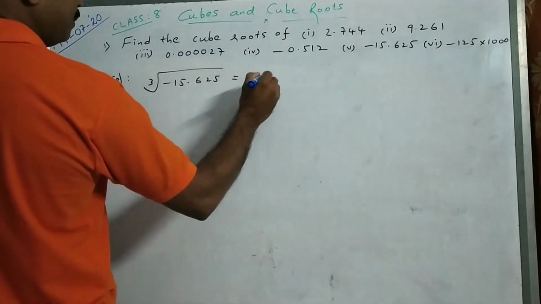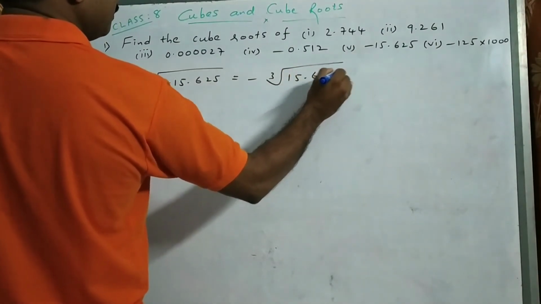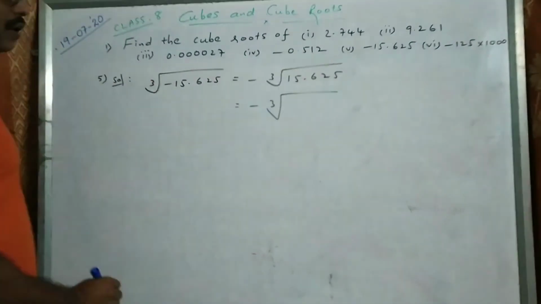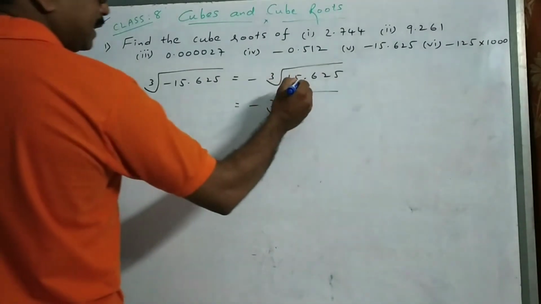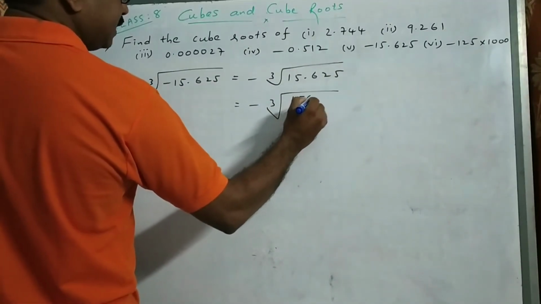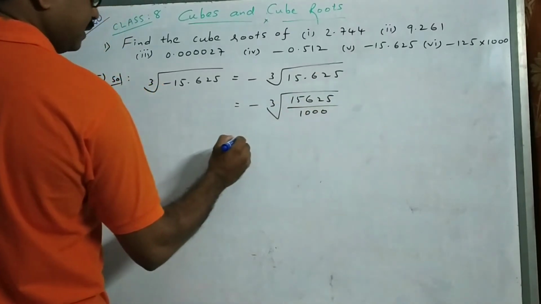Minus again keep outside. Cube root of a negative number is always negative. So minus cube root of, remove the decimal point. After the decimal point, how many digits are there? 1, 2, 3. So 15625 by 1, 2, 3, so 1000 we can write.